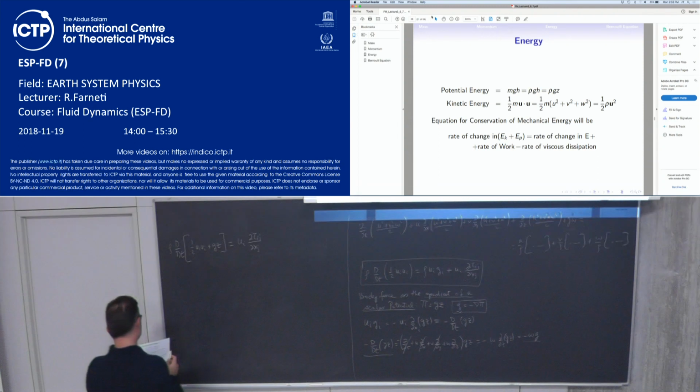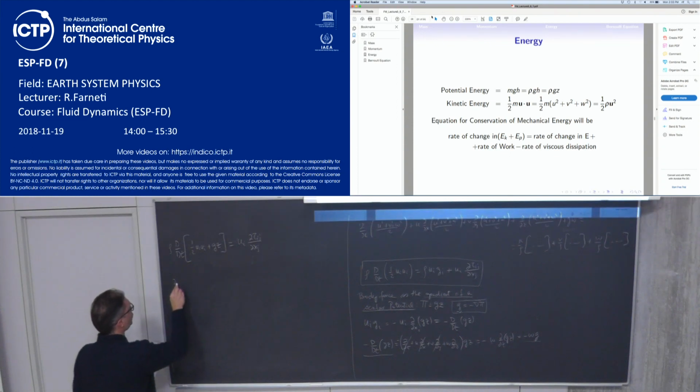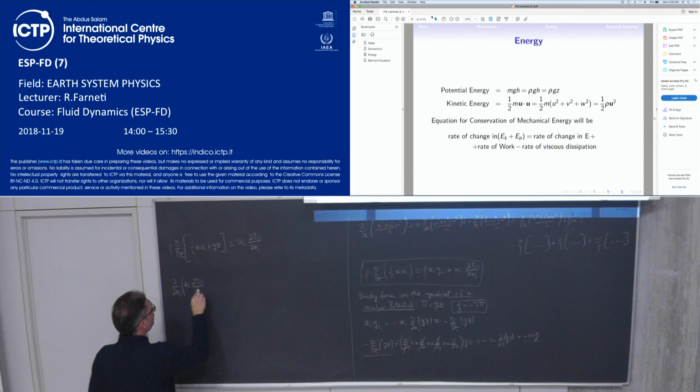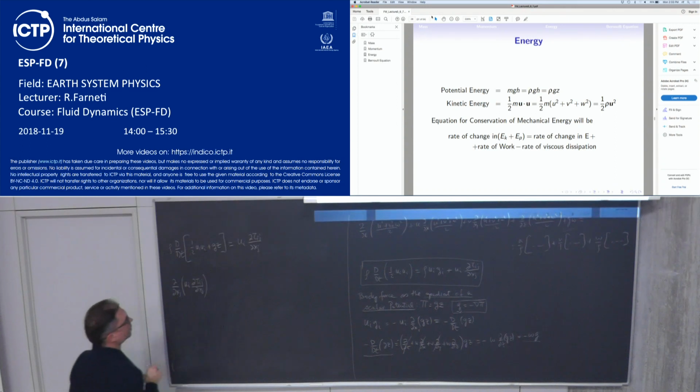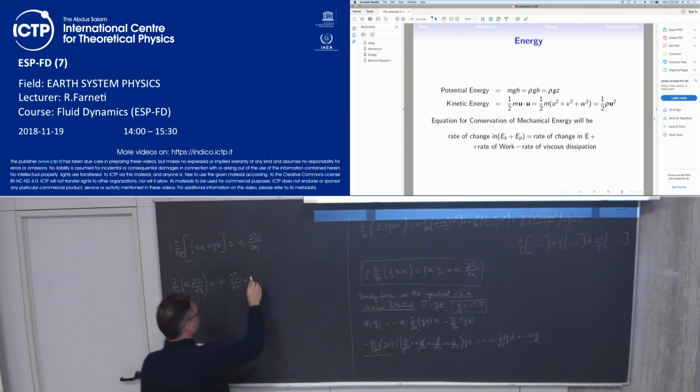So this is the velocity times the forces at the surface. But it's not the total rate of work done on the surface. The total rate of work done on the surface is this, which is equal to that one, plus another term, which is this.